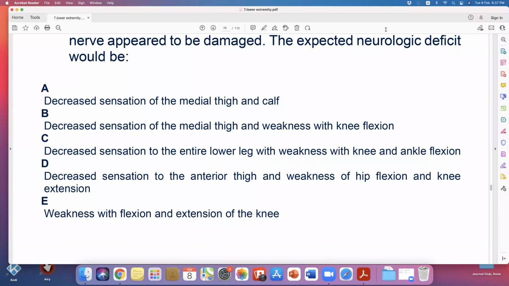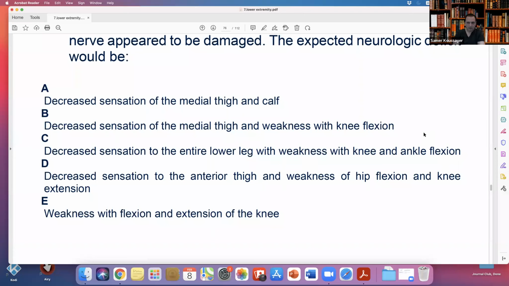Decreased sensation of the medial thigh and weakness with knee flexion. Okay. So now they talk about knee flexion, right? So they talk about thigh muscle. So this also could be correct, right? Could be, yeah. Let's go to the next one. Decreased sensation to the entire lower leg with weakness with the knee and ankle flexion.